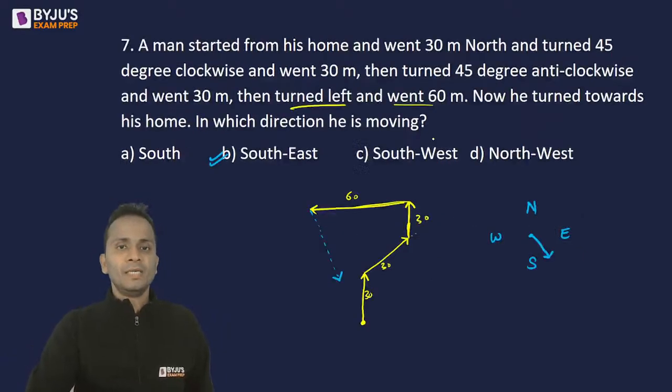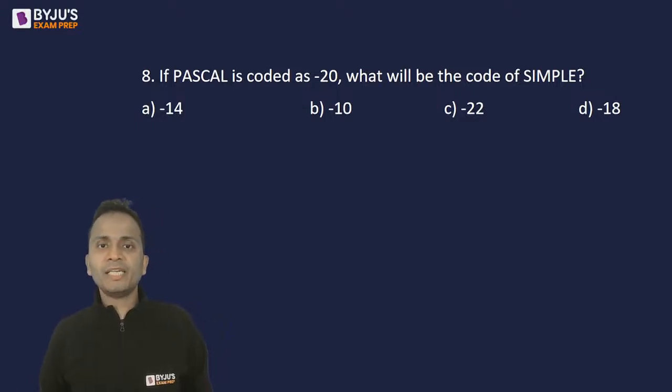Okay. Great. Let's move on. Look at question number 8. Question number 8 is of coding. If Pascal is coded as minus 20, now negative.